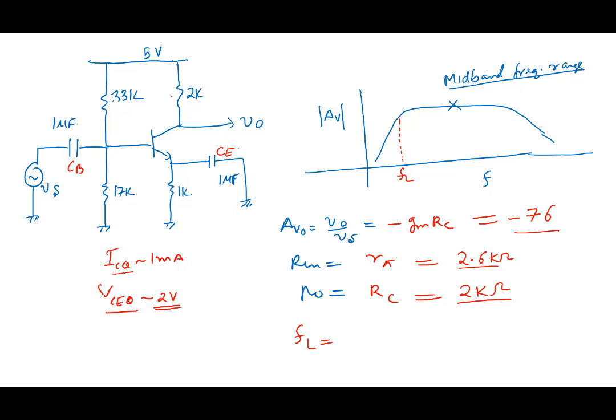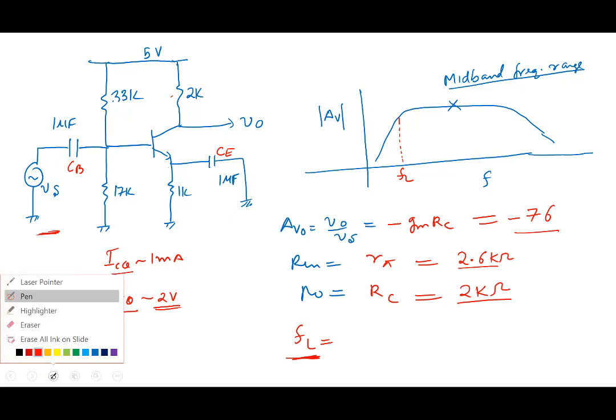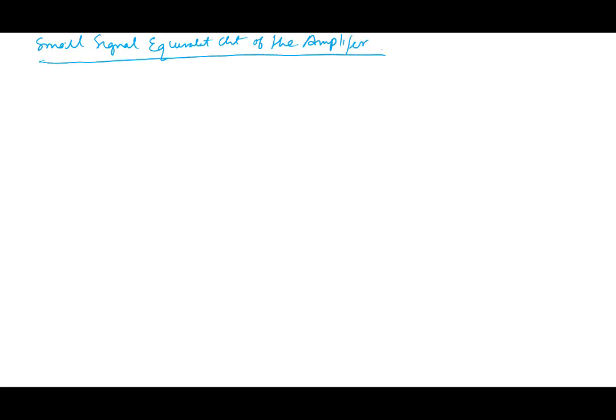The way to find FL is to draw the complete small signal equivalent circuit of this amplifier. All you have to do is recollect some of the things that we did earlier.